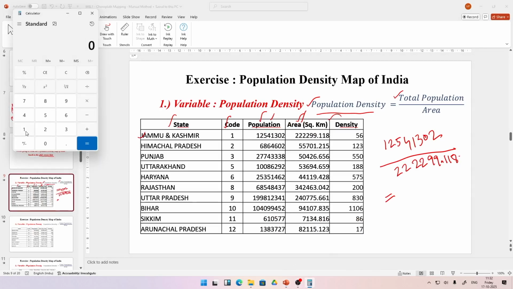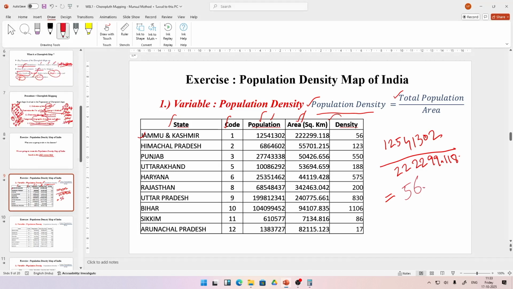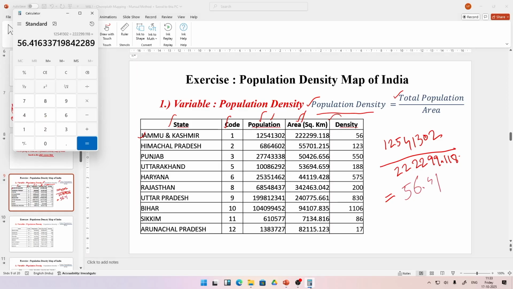So, see, you have 12541302 divided by 222299.118. You are getting an answer of 56.41. Okay, so you get an answer of 56.41.